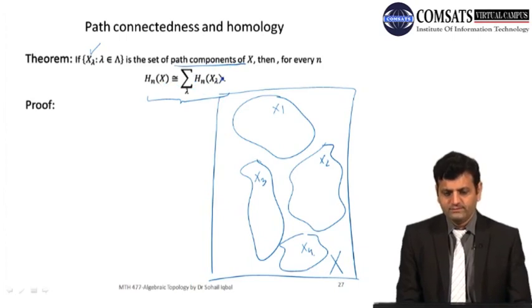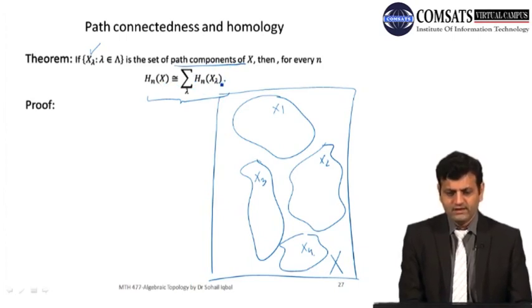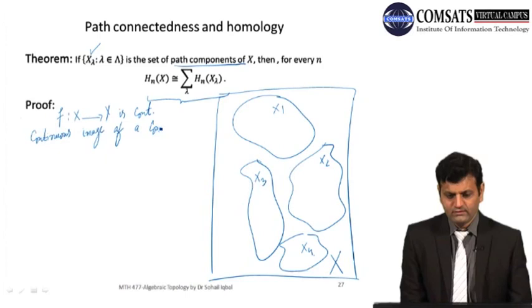The first observation, which is a general result for topological spaces, is that if f is continuous, then the continuous image of a connected set is connected.